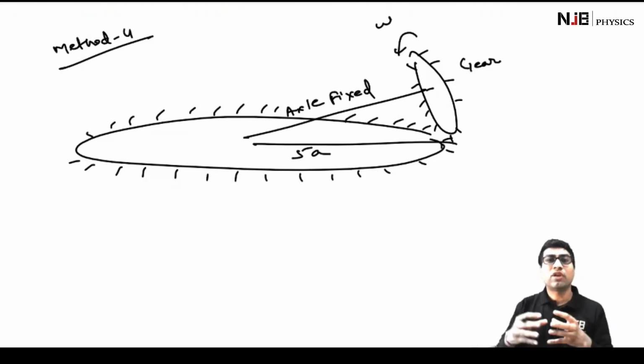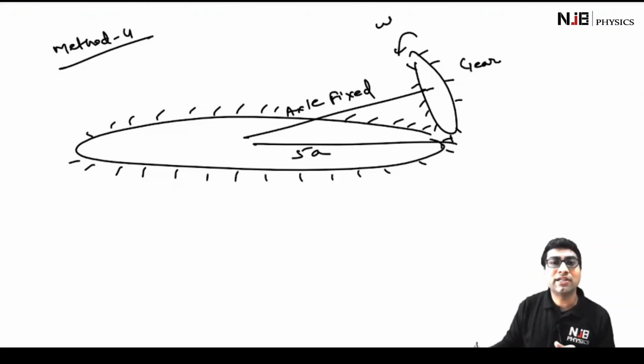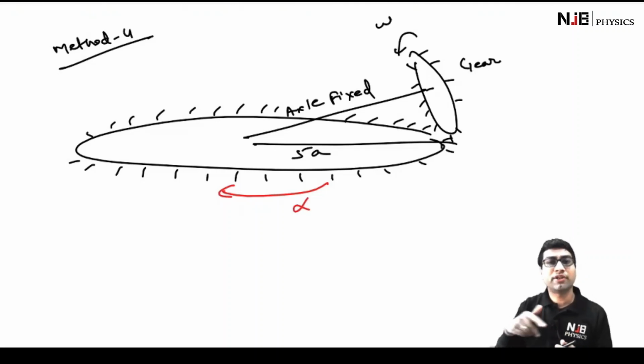So now you can visualize this situation: as this smaller gear rotates with angular velocity omega about the axle, this larger gear in the horizontal plane is also going to rotate in the horizontal plane, and let's say its angular velocity is alpha.